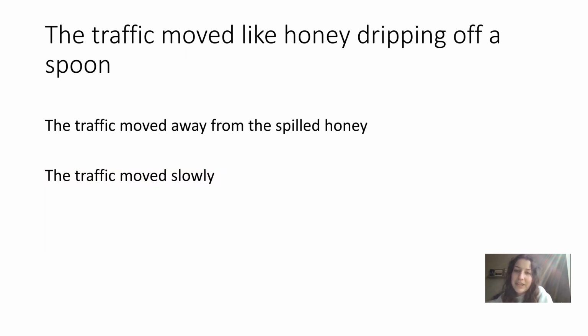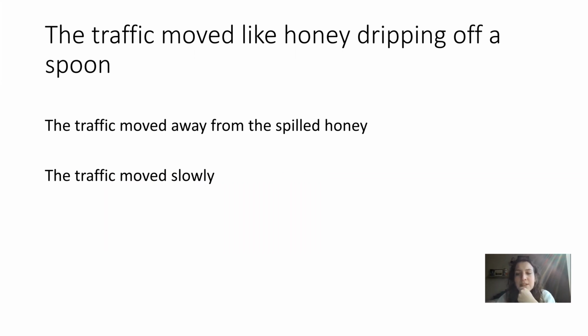All right, here's another example. The traffic moved like honey dripping off a spoon. So our options here are the traffic moved away from the spilled honey and the traffic moved slowly. So this first option, what is that really saying? Doesn't really make sense. I'm not sure in what context there'd be enough spilled honey for traffic to need to move around it.